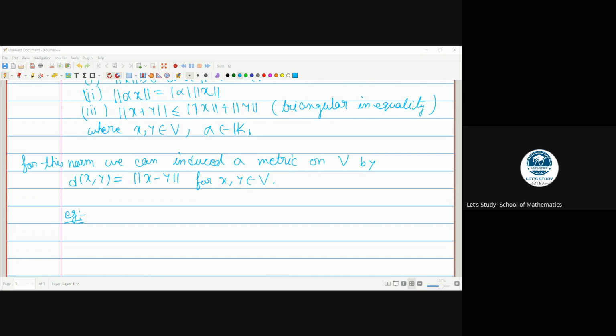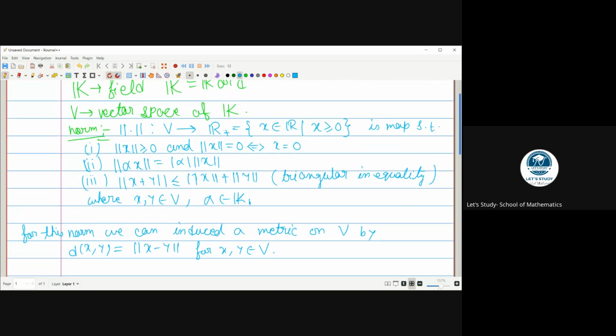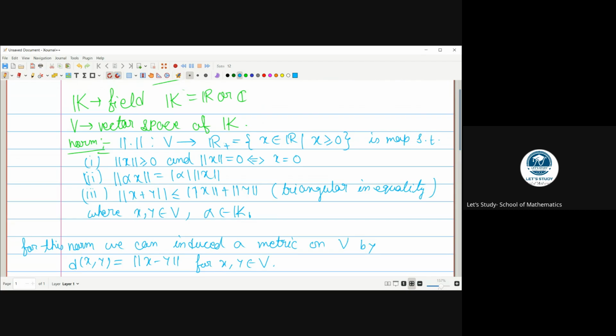I started with V being a vector space over a field K, and I am providing a norm, a mapping from V to R, which follows these three properties. If I take together the vector space and the norm, this is called a normed linear space. So can anyone give me an example of a normed linear space?